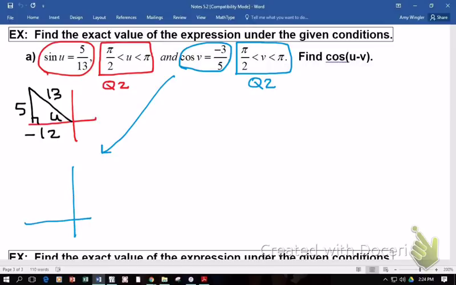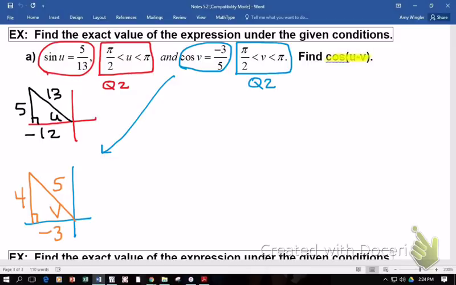So this is my V triangle. Keep that in mind. When I draw this triangle, I want to go out into the quadrant that I need to be in and go perpendicular to the x-axis, but this is a V, and cosine is adjacent over hypotenuse. When you do Pythagorean theorem, your opposite side will be 4. I didn't show the work for the Pythagorean theorem.